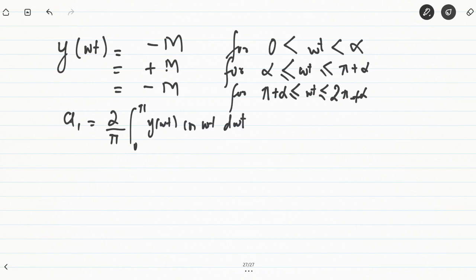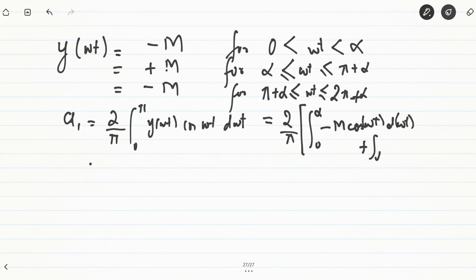Which is equal to 2 by pi, integral from zero to alpha of minus m cos omega t d omega t, plus integral from alpha to pi of m cos omega t d omega t.